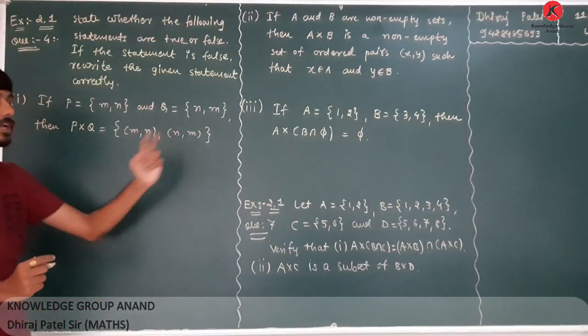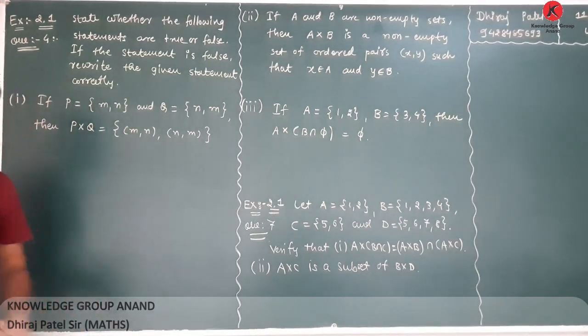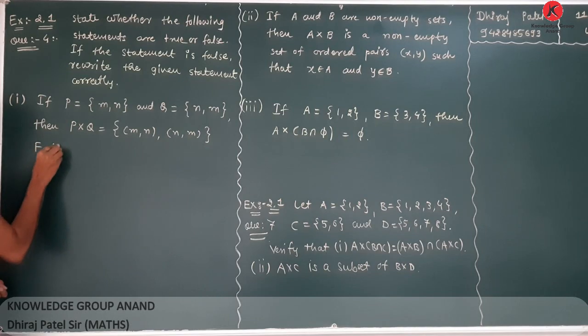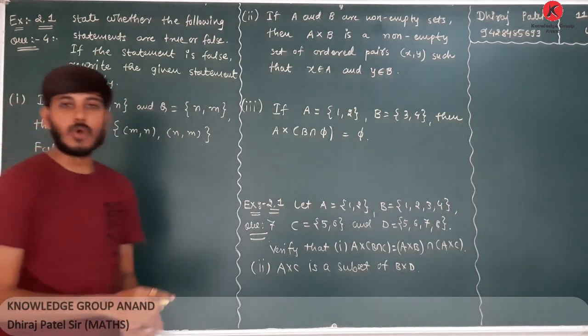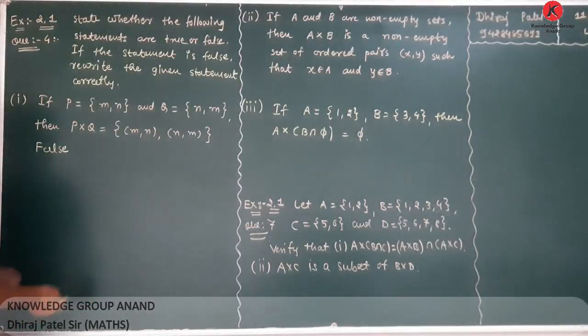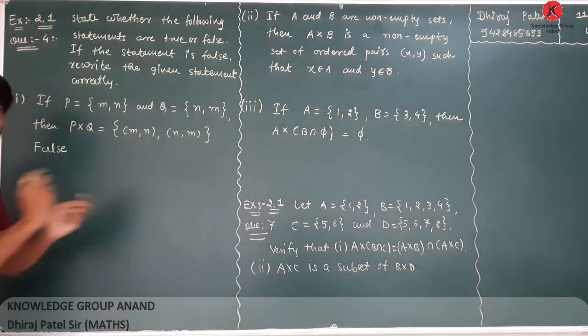Here 2 ordered pairs are given and 2 ordered pairs are missing. Therefore we can directly say that this statement is false. Now, correct this statement. P and Q are given, so find P cross Q and rewrite the statement.